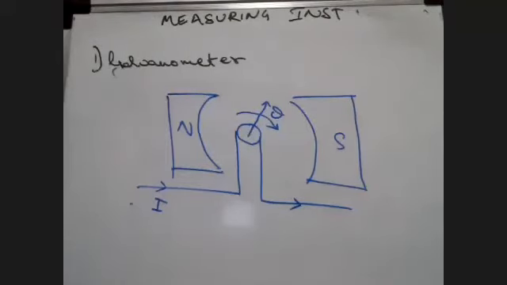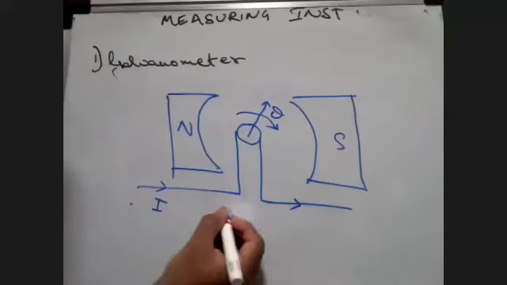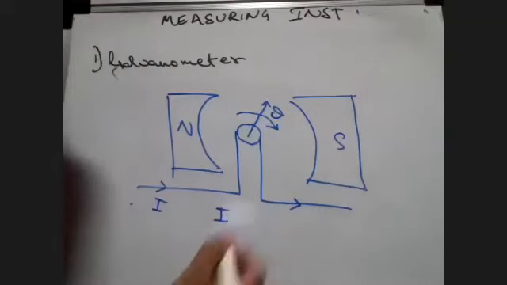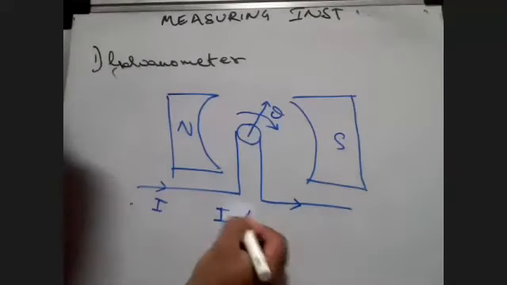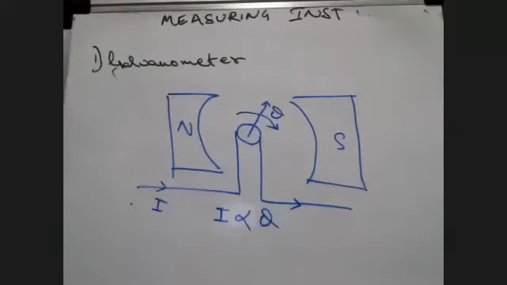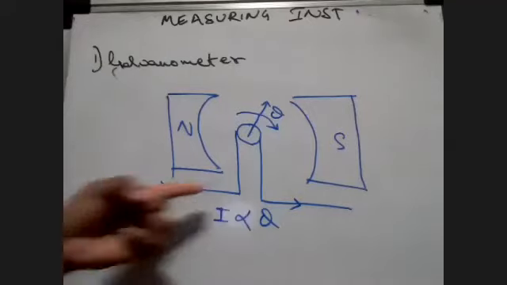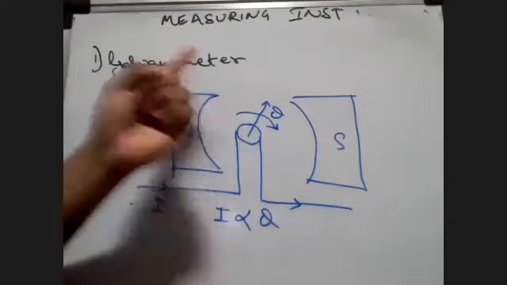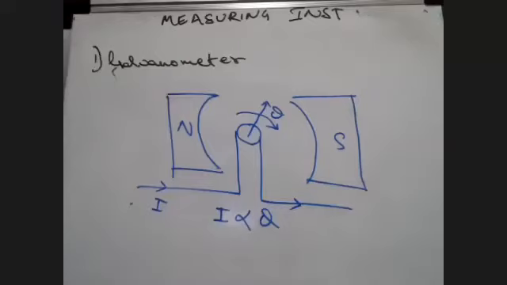So what are the two things that were observed? The current passing through the coil is directly proportional to the angle of deflection of the needle associated with the coil. When more current was passed through this coil, there was more deflection.